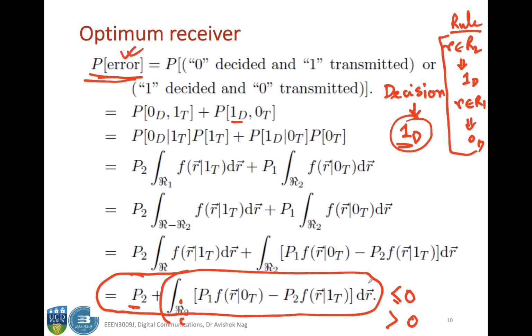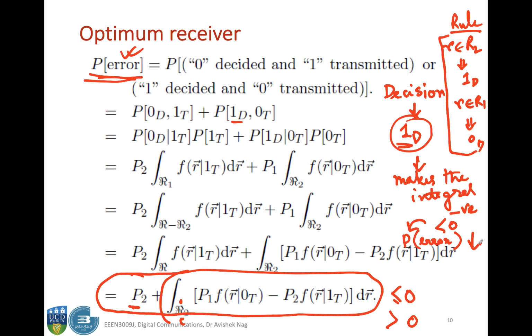And if your decision makes this integral negative, or less than 0, then your probability of error is decreasing.